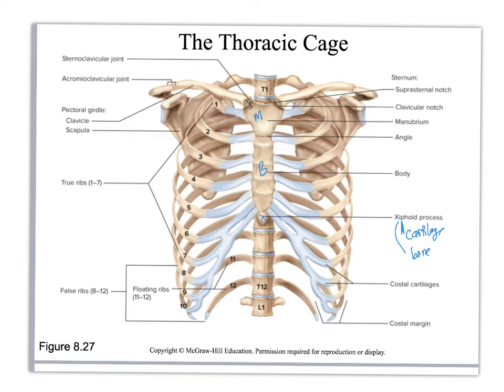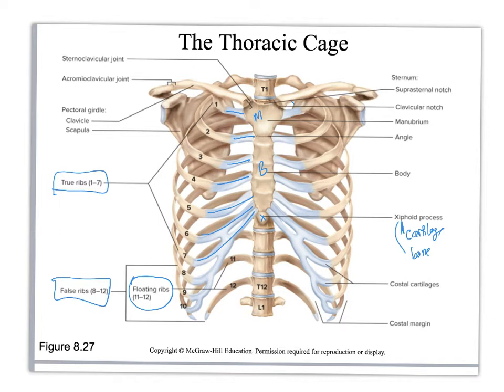Then you've got your ribs. You're going to divide your ribs up into the true ribs, the false ribs, and the floating ribs. True ribs have their own strand of costal cartilage that will attach directly to the sternum.